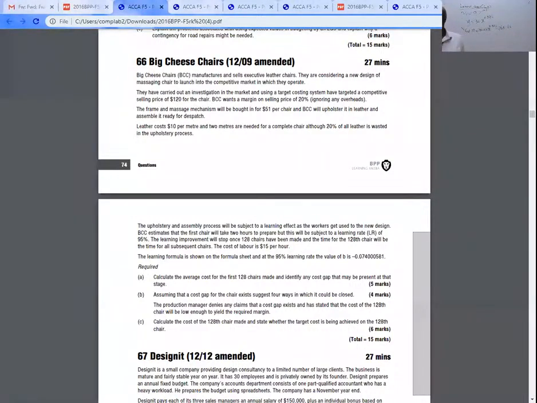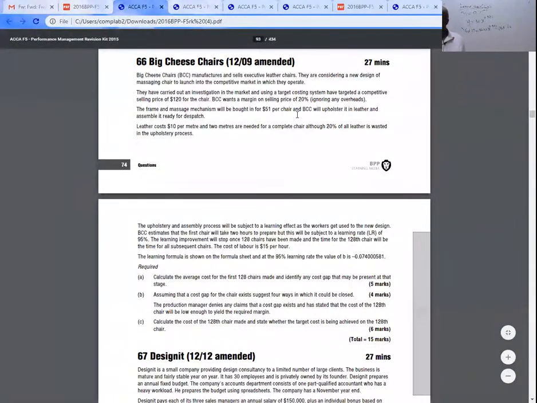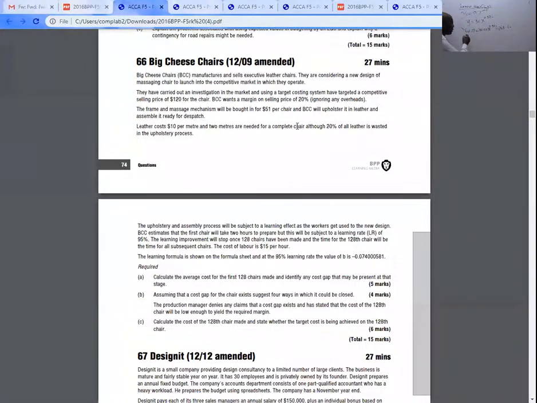But now, ladies and gentlemen, remember that these people want us to provide an average cost. So come and give us the average labor cost. Average labor cost will be equal to 2681.62 divided by 128.